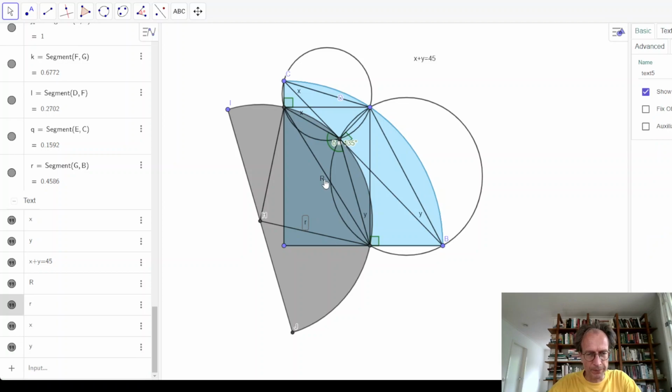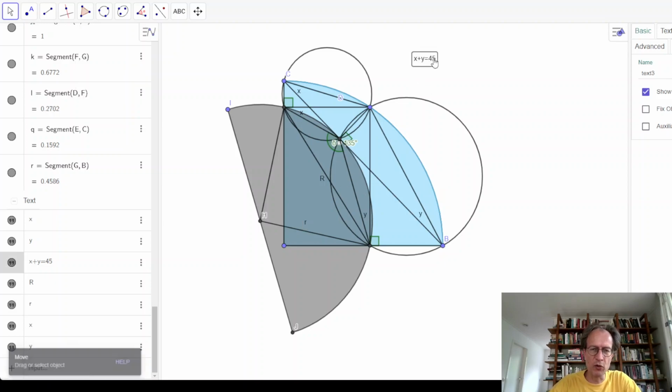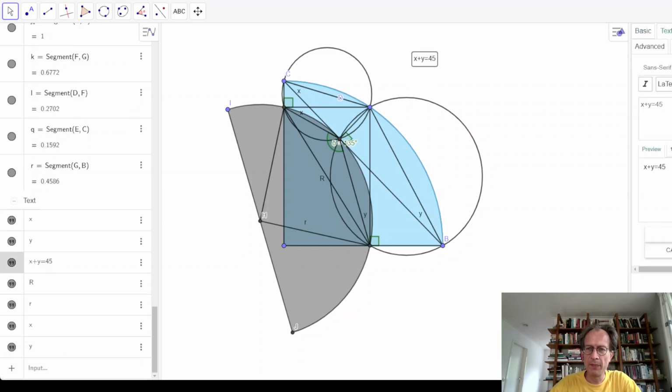Then we know from this a half square basically. We've just arrived that this is a right angle, so it's a right isosceles triangle. So the large R is r times the square root of 2.